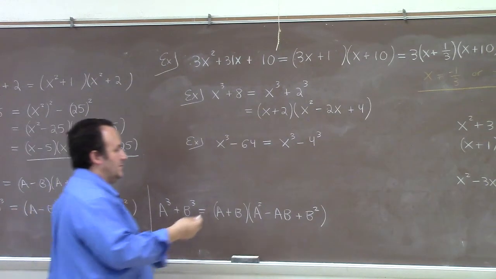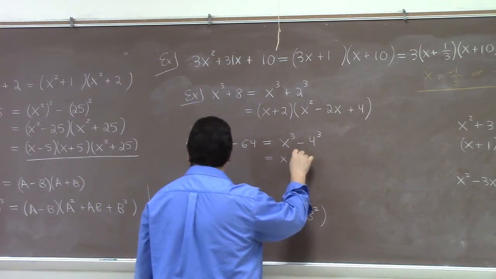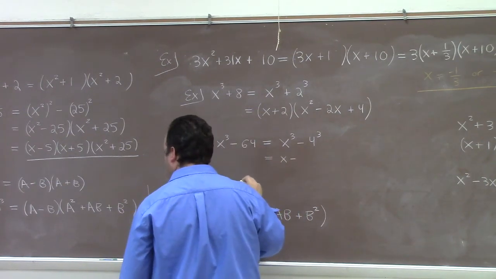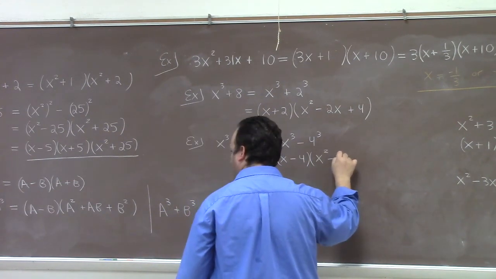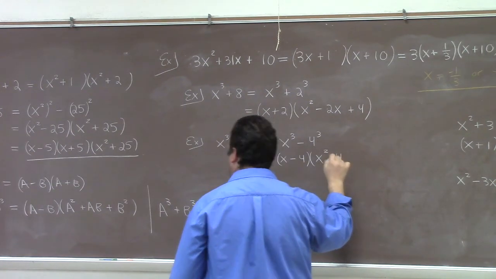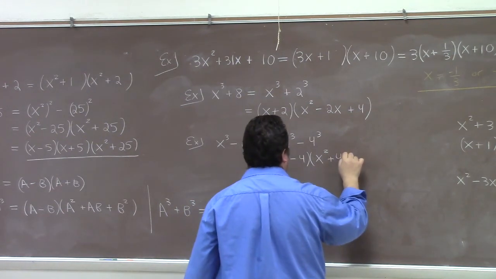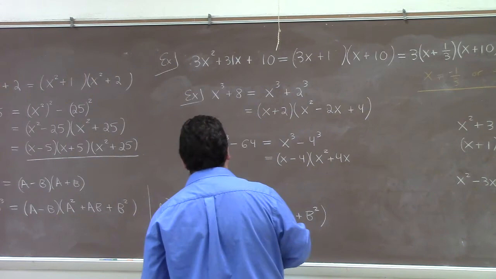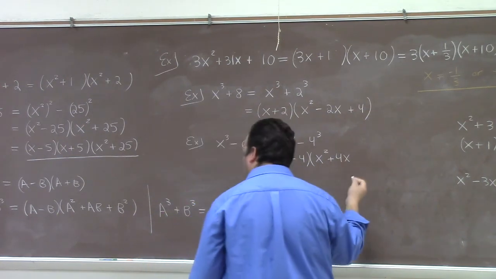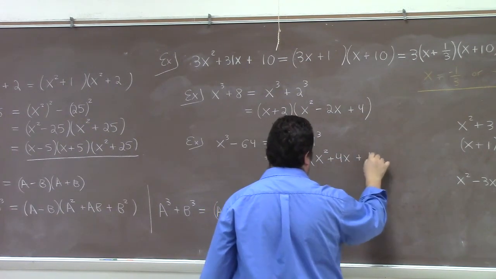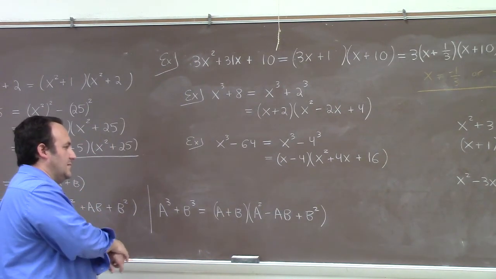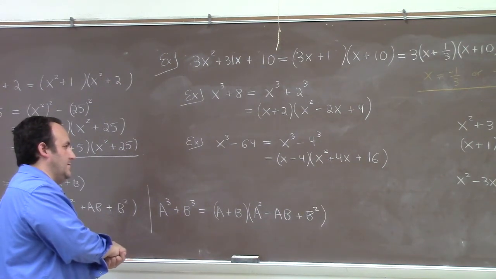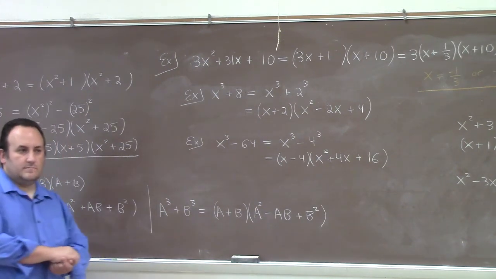And so I do x minus 4, then x squared plus 4x plus 16, I guess. I'm just checking it.